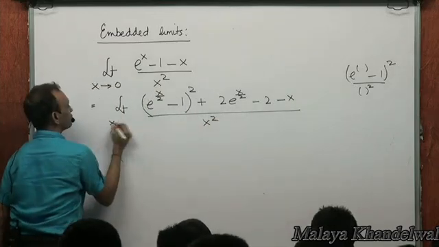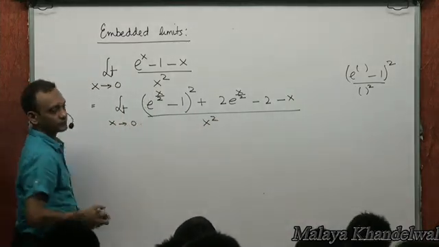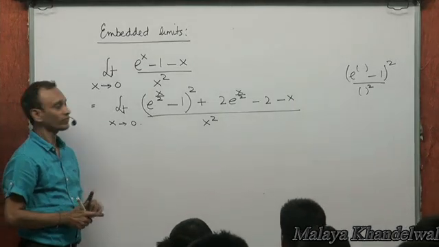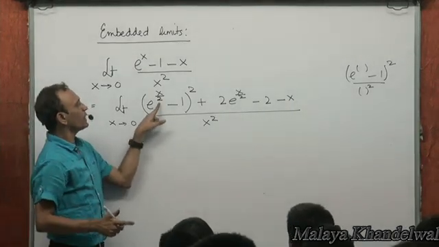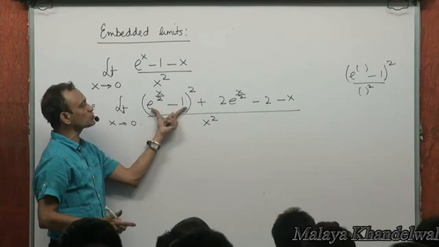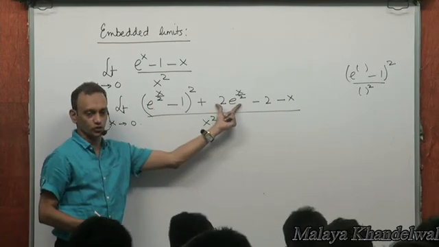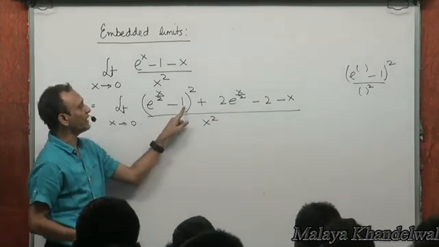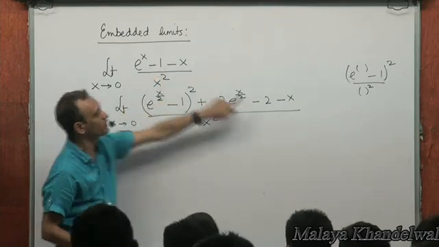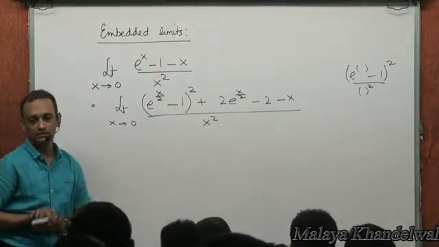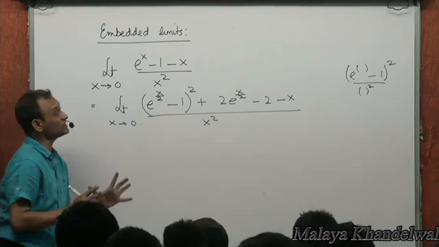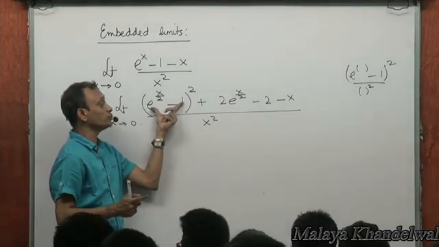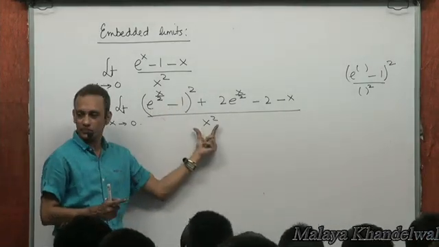See if you feel okay with what I have done here. This squared would give me e power x, the middle term minus 2 e power x by 2, I balance it with the 2 e power x by 2. The 1 that I have added, I subtract, 1 minus 1 minus 1 minus 2 and then minus x. All of this so that the numerator could get commensurate with this.